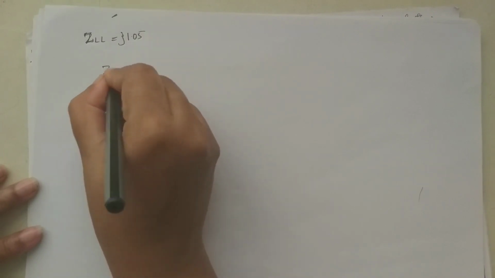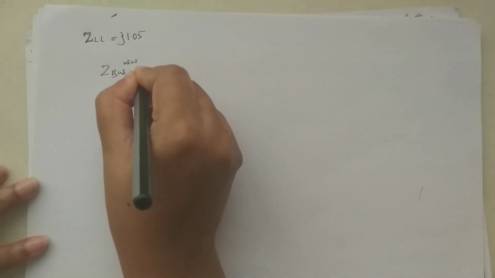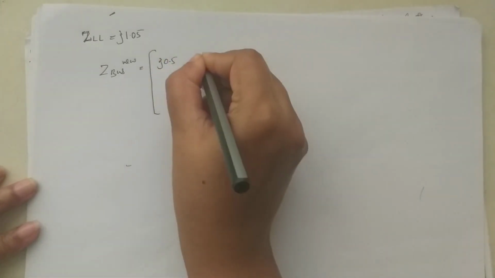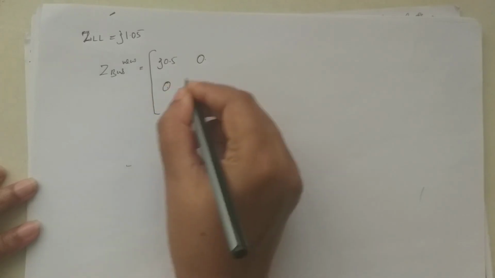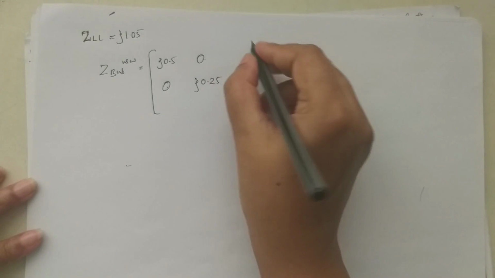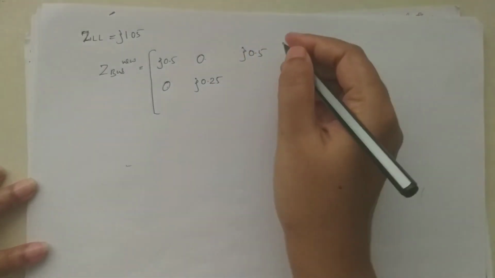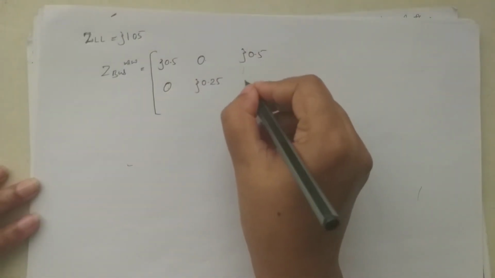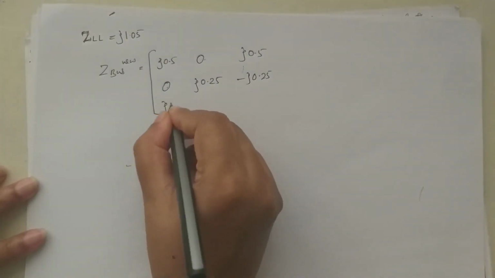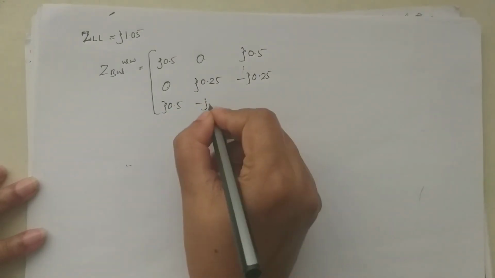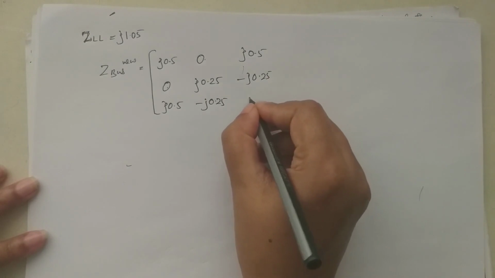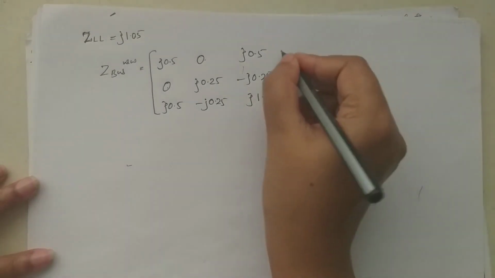Therefore, Z bus new is equal to Z bus old, that is j.5, 0, 0, j.25, with ZL2 which is j.5, ZL3 which is minus j.25, and ZLL which is j1.05.